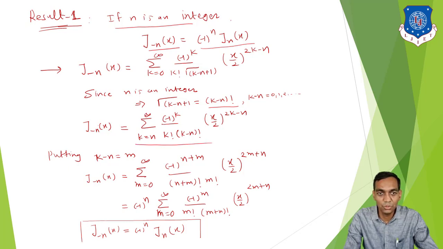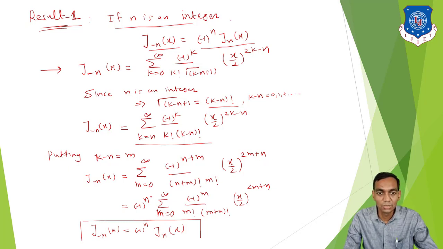So k is starting with n to infinity, minus 1 raised to k factorial into k minus n factorial, x by 2 raised to 2k minus n. Now put k minus n equal to m. So you have m equal to 0 to infinity, minus 1 raised to n plus m divided by n plus m factorial into m factorial into x by 2 raised to 2m plus n.